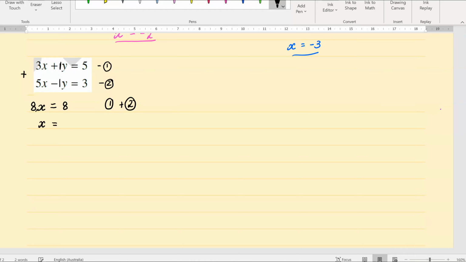And we all know that 8 divided by 8 is 1. Before you move on to the next question, let's just find the y value. Again, put it into either equation here. I'm going to go the top one. So we've got 3 times x, so 3 times 1. So I'm just going to write it as 3 plus y equals 5. Let's get rid of this plus 3. We take 3, so y equals 2.